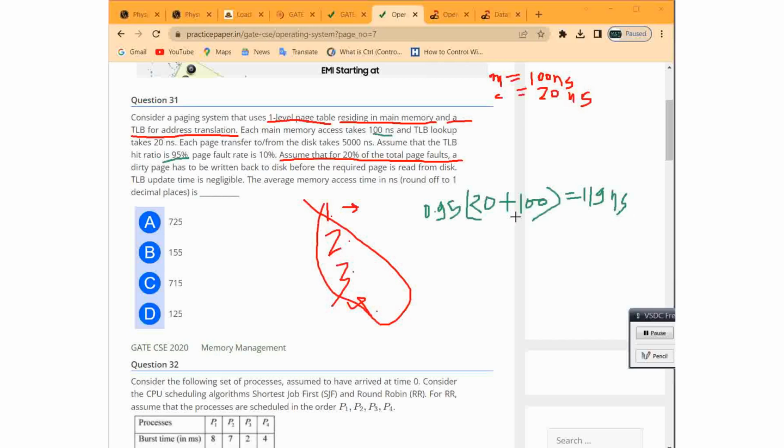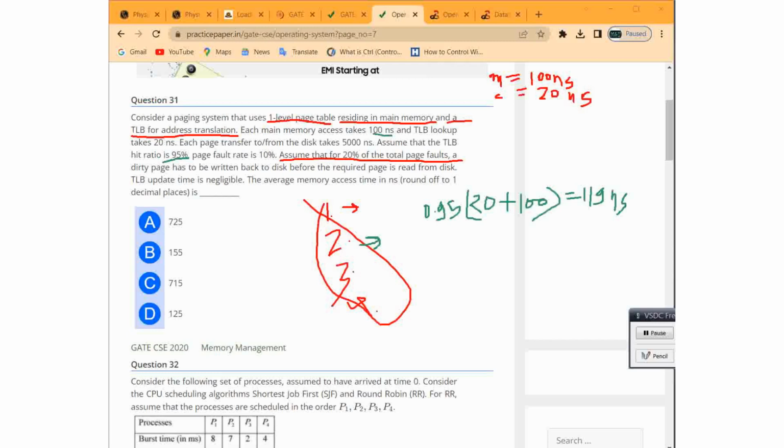And in case 2, when the TLB misses and the page resides in memory, we need to access the page table to get the physical address of the page, which takes 100 nanoseconds.